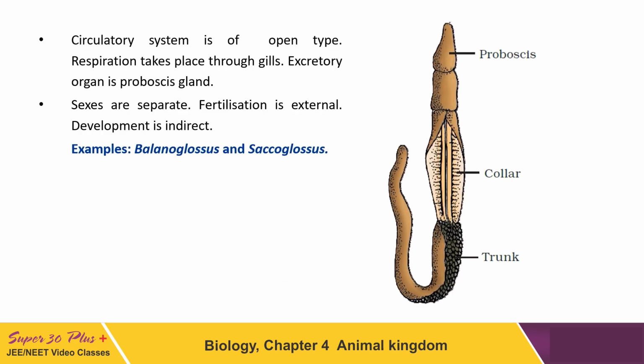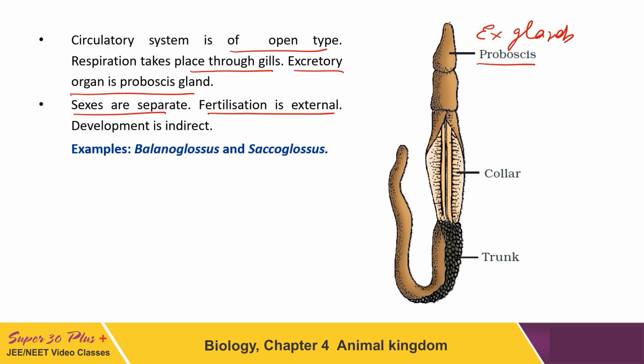Come to the next now. Here the circulatory system is open type. Respiration takes place through gills. Excretion is by proboscis gland; the proboscis has some excretory glands which help in excretion. Sexes are separate.